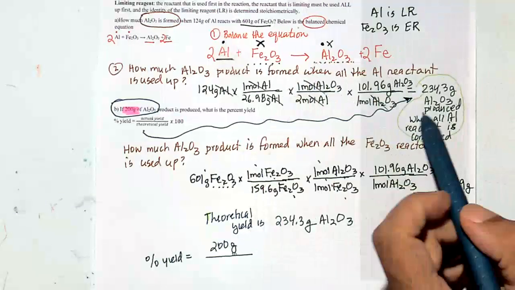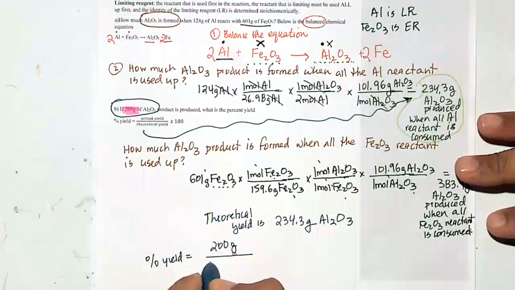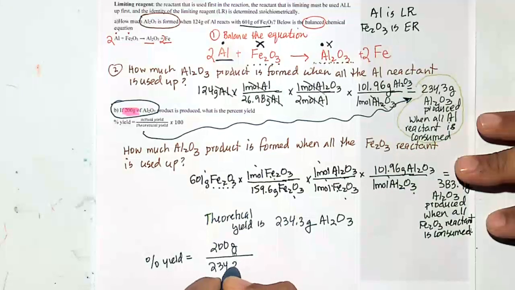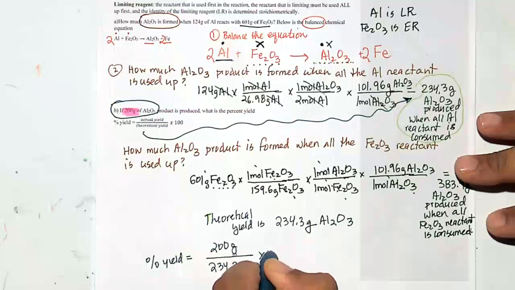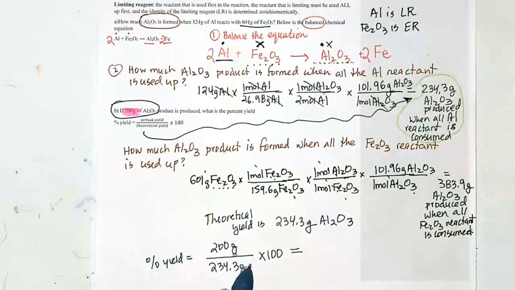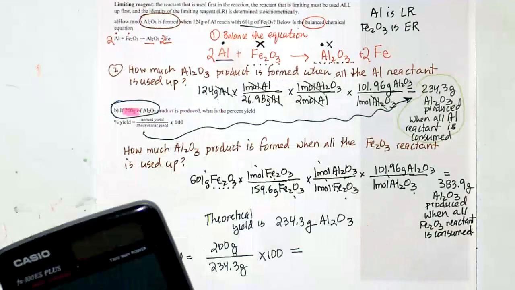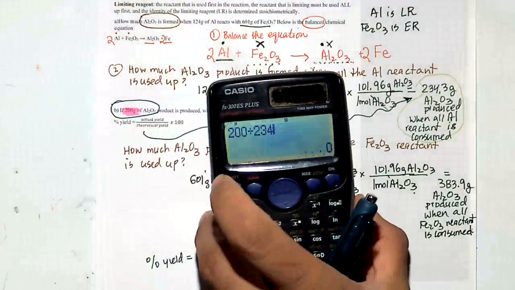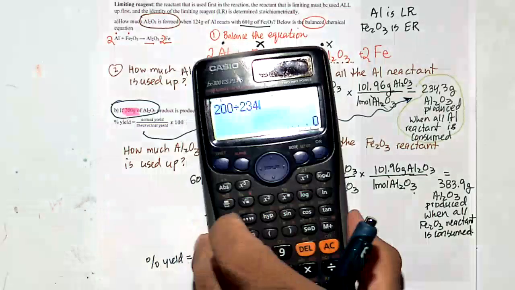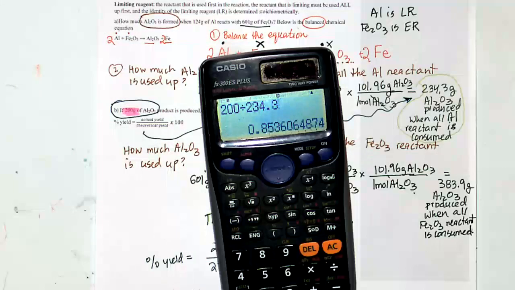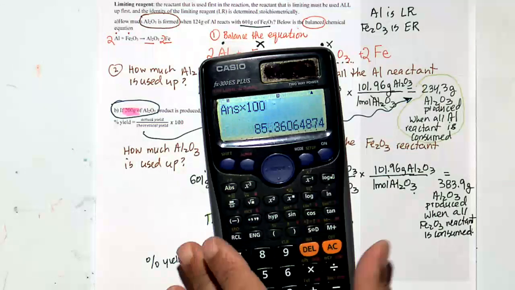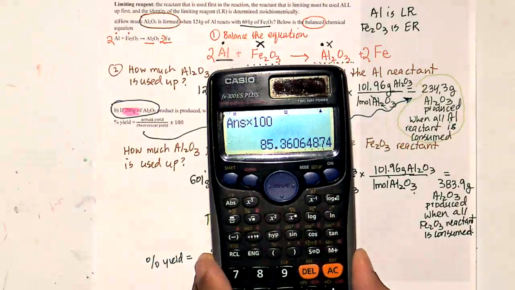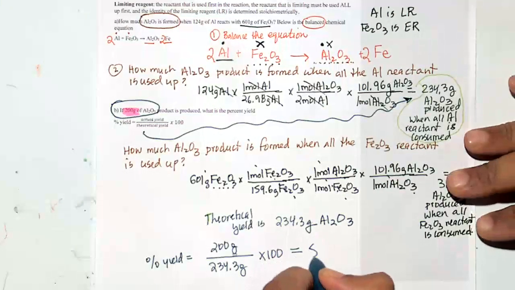In theory, you should make 234.3 grams. We'll multiply that by 100, and this will give us our percent yield. So this reaction has an 85.4% yield. Not bad.